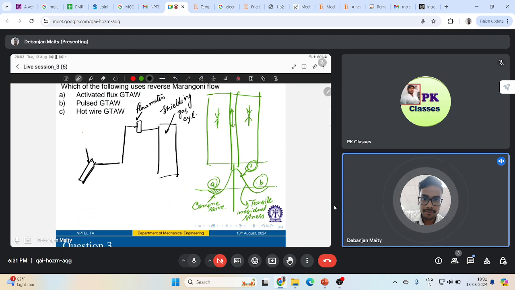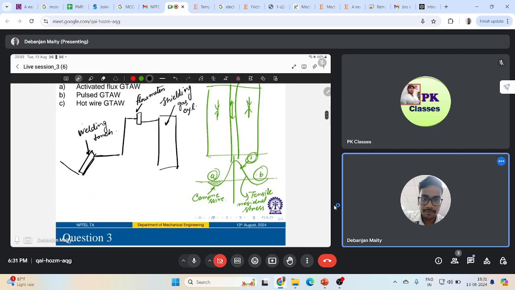So this is my welding torch. This can be a feeder rod. This is my workpiece.